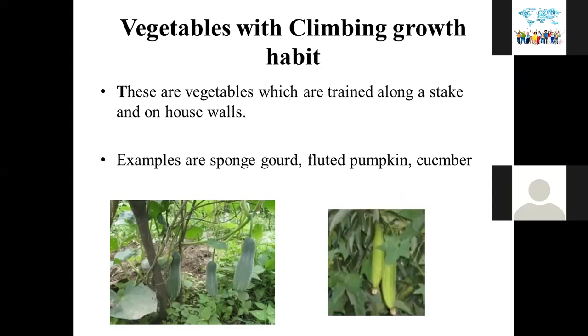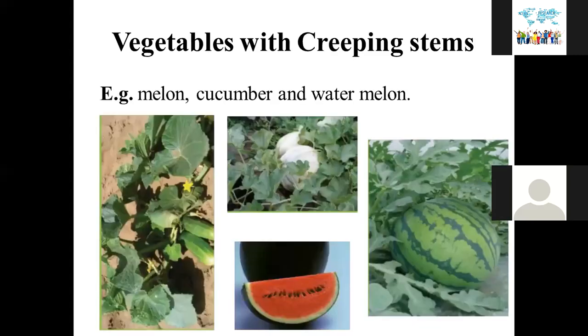And those are known as climbing vegetable types. Then we have those like watermelons, muskmelon, and some cucumbers. They fall under this as well, where they have vines or stems that creep on the ground.